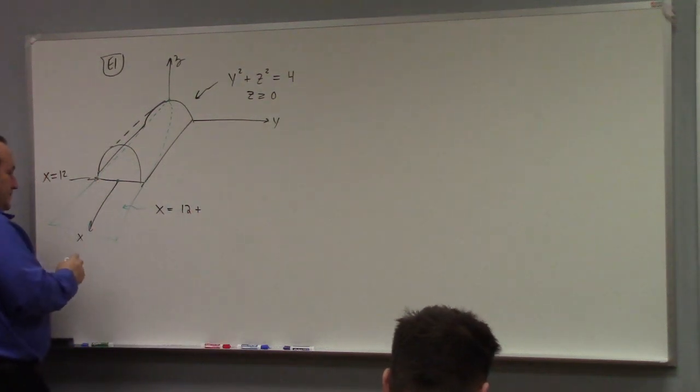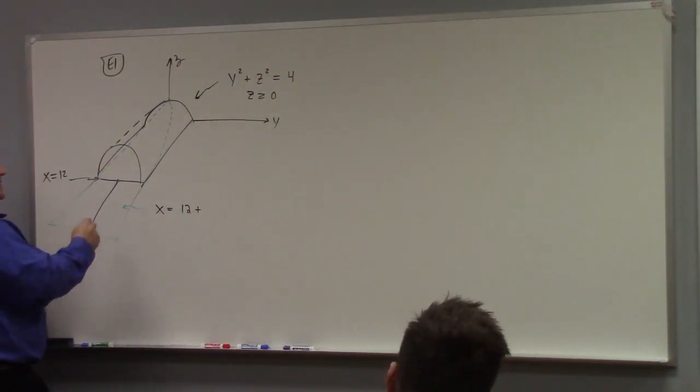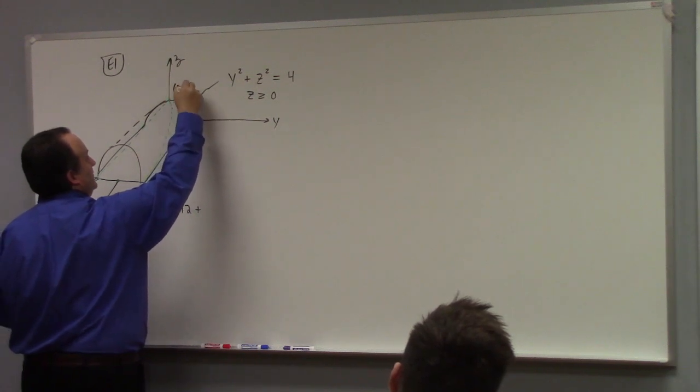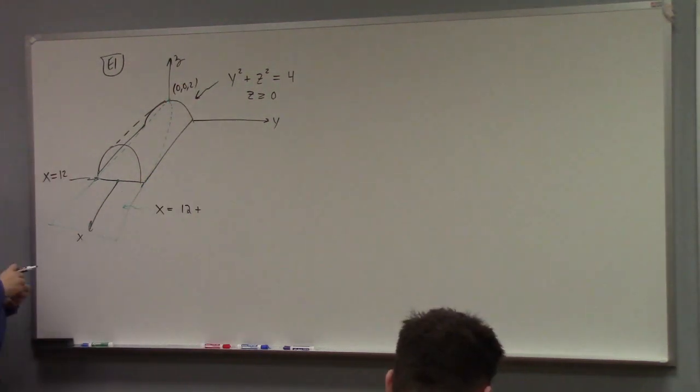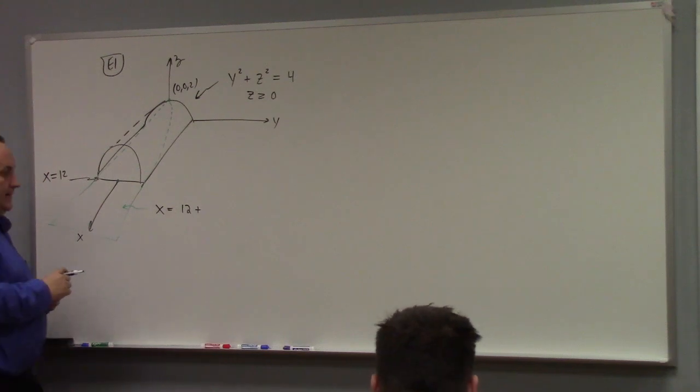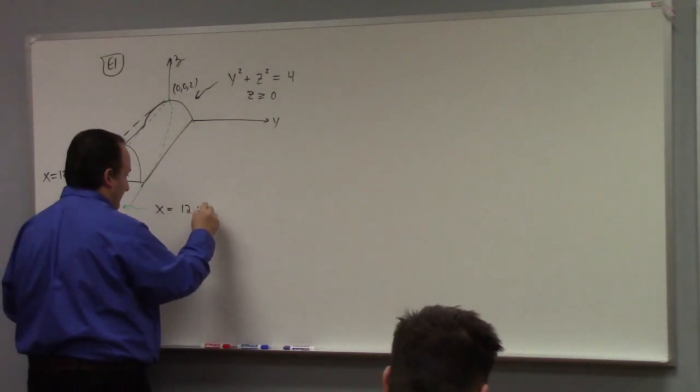well, goodness gracious. This point up here is what? 0, 0, 2. So the plane I'm looking for is something like, I want it to go through x equals 12 when z equals 0, right?